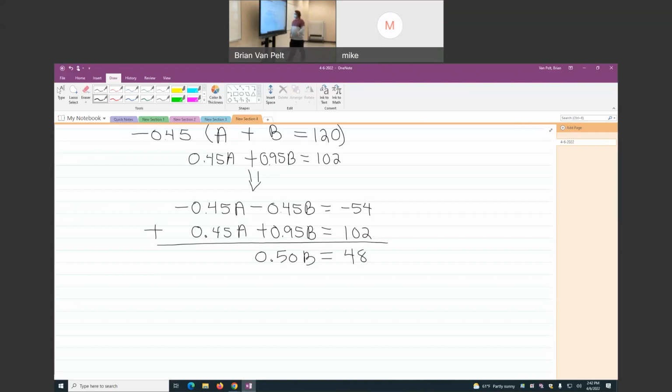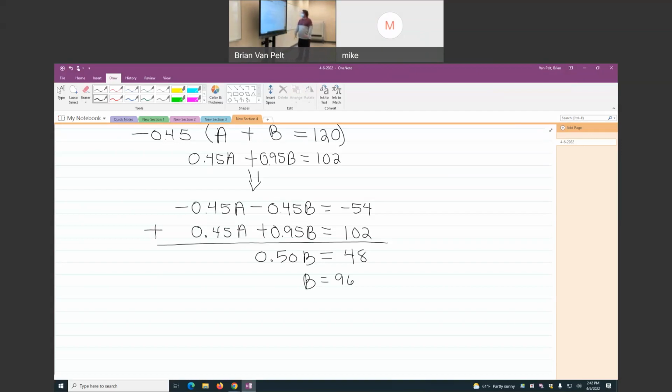How are you going with B? You're getting ahead of yourself. Now you get B in one step. Just divide by 0.5 and multiply both sides by 2. You'll end up with B equals 96.